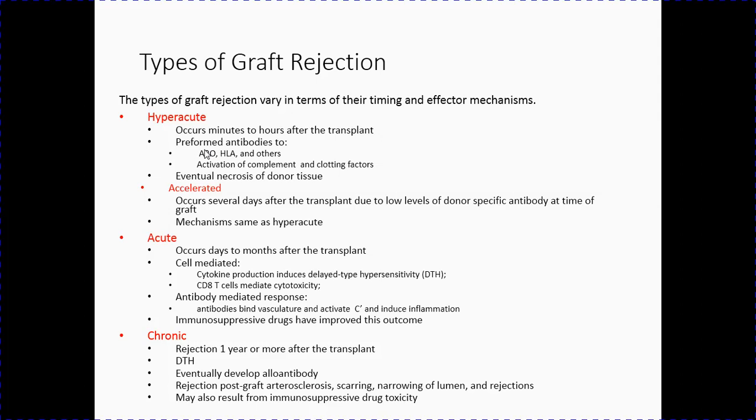And nothing like a good memory-filled immune system so that the next time I'm exposed to that antigen, perhaps on a tissue transplant, I have antibody that's preformed and can respond very, very quickly.